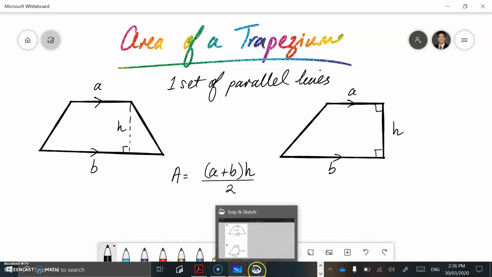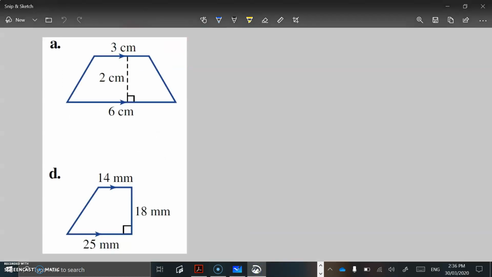So here we have a couple of examples, representing one of each kind. So remember, the area is your top and bottom value multiplied by the height and halved. Now, we've got B, we've got A, and we've got H. So we've got those three values in our formula. We can just simply put them in.